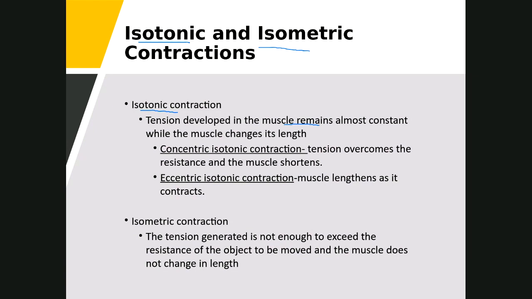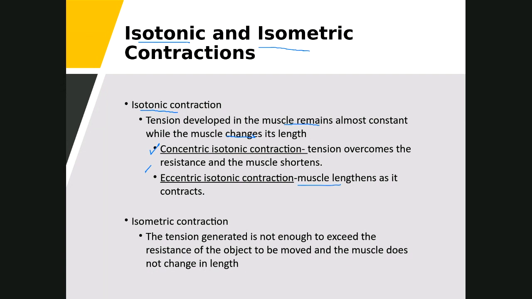And there are two types of isotonic, meaning the tone remains the same: concentric isotonic versus eccentric. So concentric, for example, in elbow flexion, when we're lifting a weight, is the movement of flexion, and the eccentric is the lowering of the weight and muscle lengthening.